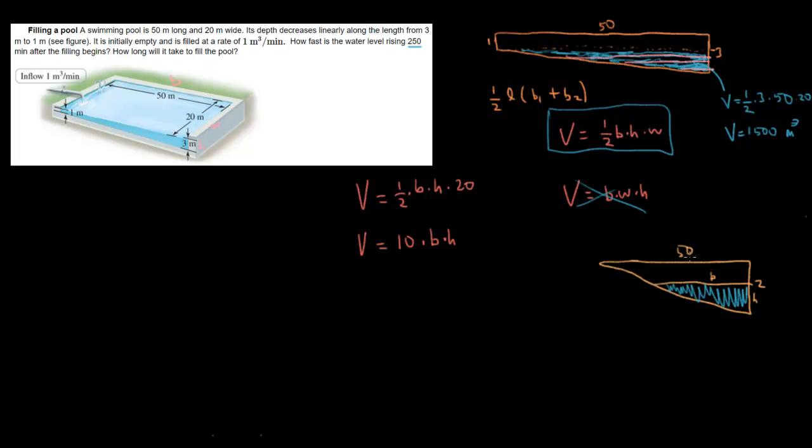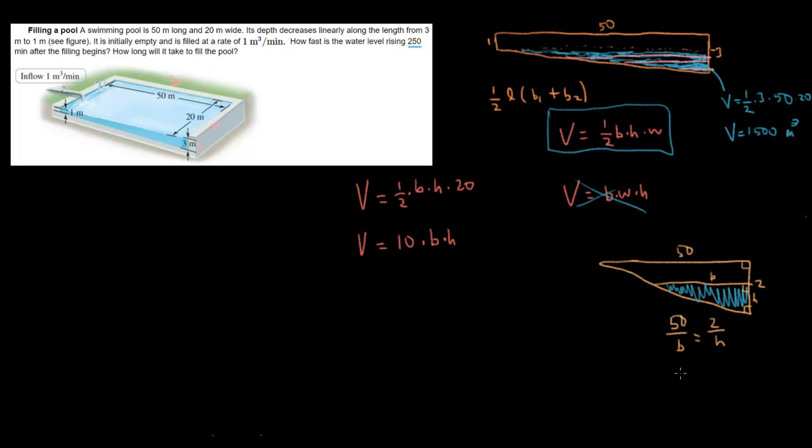Okay, so what can we say here? Using similar triangles, since these are both right triangles and they both share that angle, they're similar triangles. We could say that 50 over B, the height of the big triangle over the height of the small triangle, is equal to the base of the big triangle over the base of the small triangle.